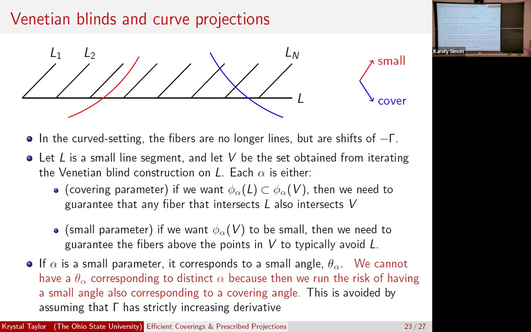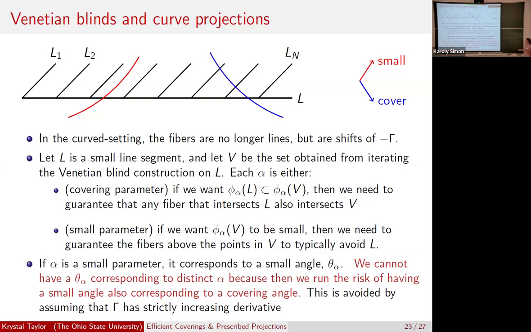So let's look at the curve setting. In the curve setting, fibers are no longer lines, but are shifts of this negative gamma. So let L be a small line segment here, and let's call V our Venetian blind that we eventually obtain. Each alpha, again, is either a covering parameter or a small parameter. It's going to have one of these labels.